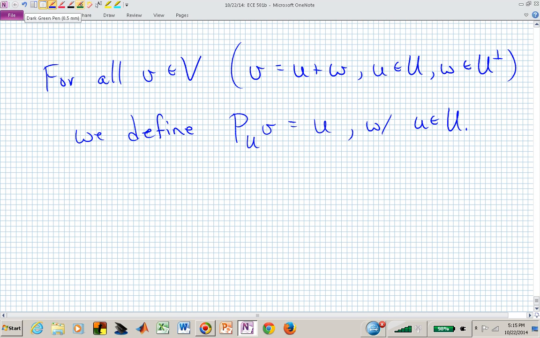There are some properties of this projection operator.